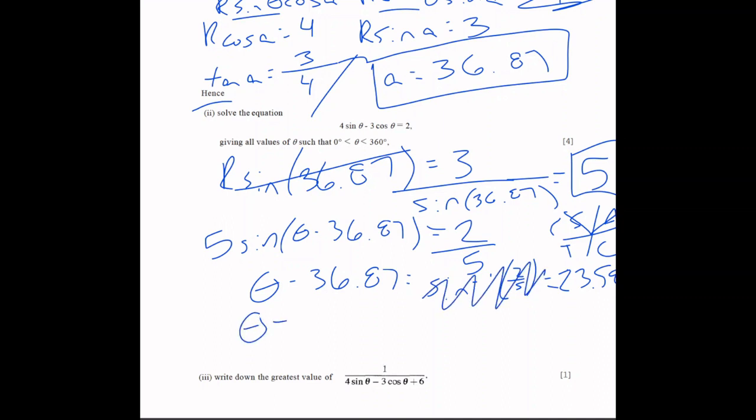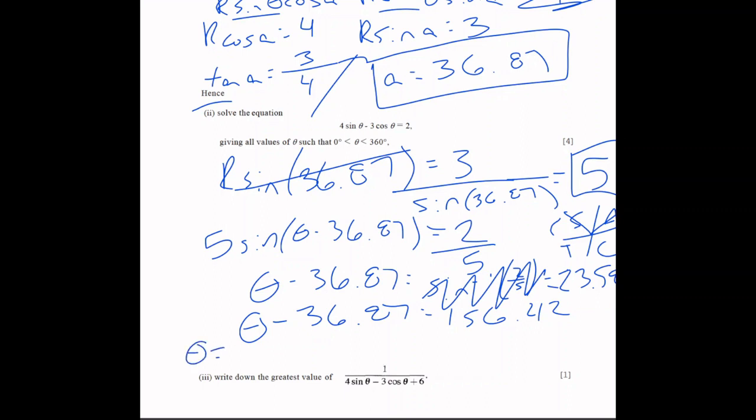Then I'm going to have theta minus that equals 156.42. Then I'm going to add 36.87 on both sides. So 23.58 plus 36.87.